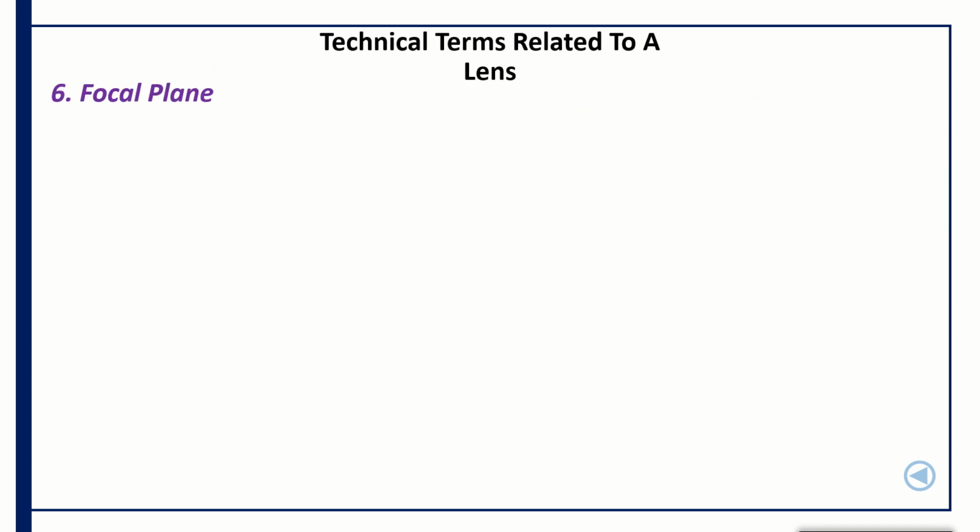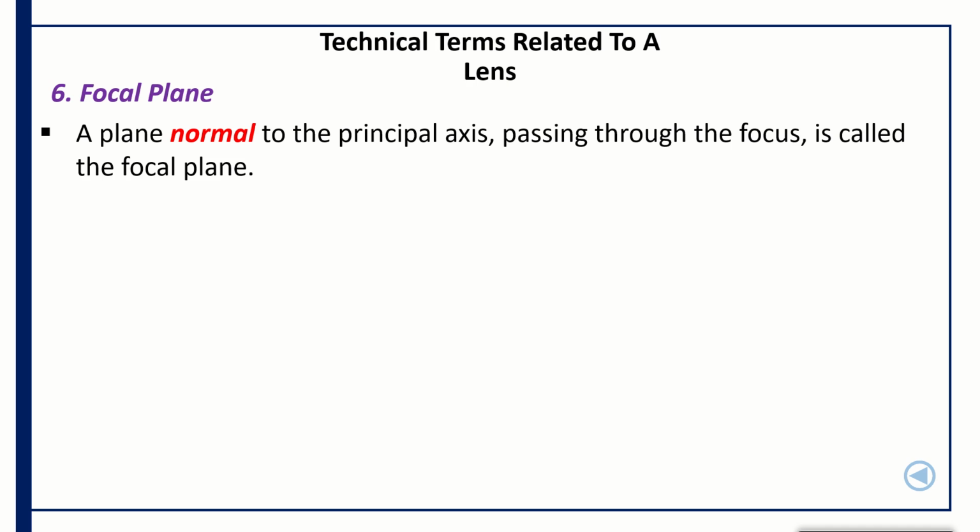Now, focal plane. A plane which is normal to the principal axis and is passing through the focus is called the focal plane. The lens will have two focal points, or two foci, so the focal planes will be two.